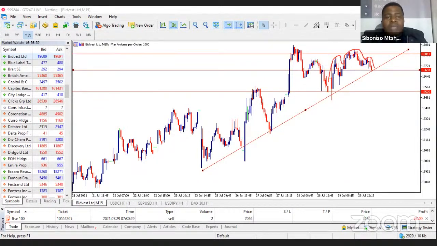For instance, I was making an example with the AP in BEV is now less than 1,000 rand. That's an opportunity where we buy. Remember, we buy low and sell high. So those are the few opportunities that we always need to understand and take care of. All right. So I hope that is clear and straightforward.